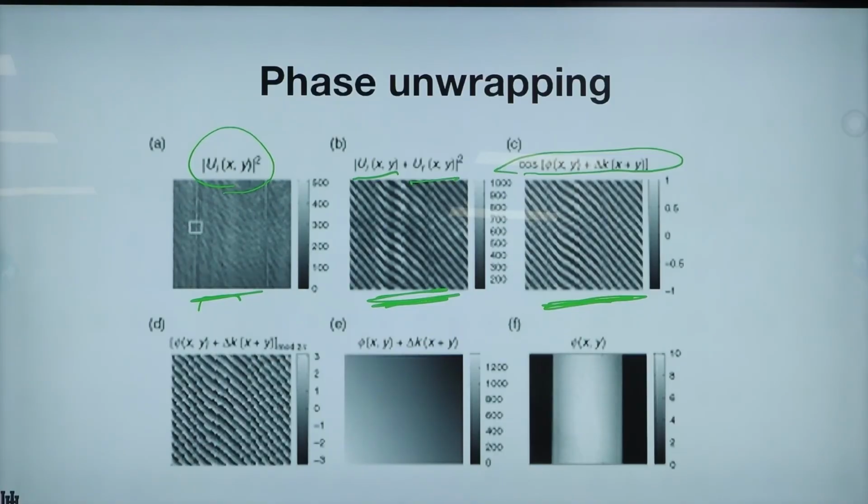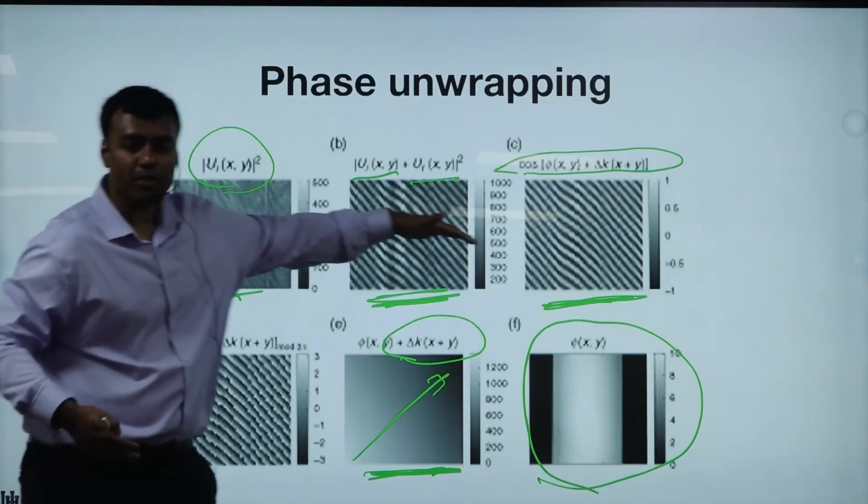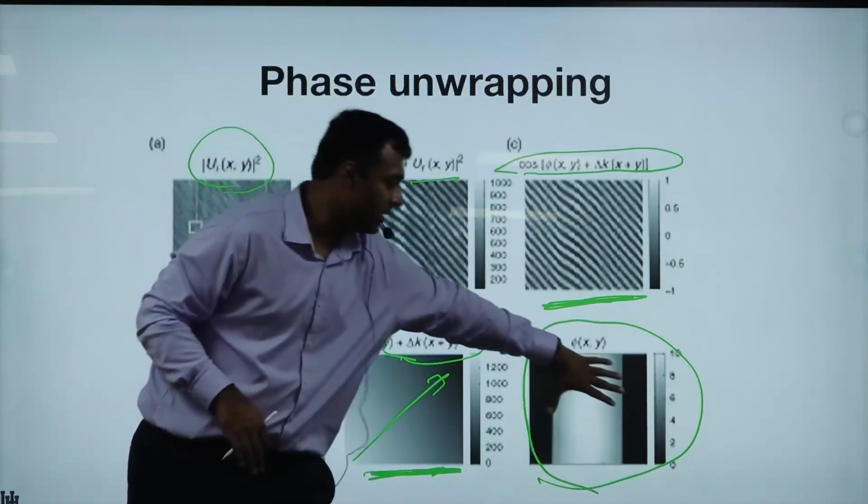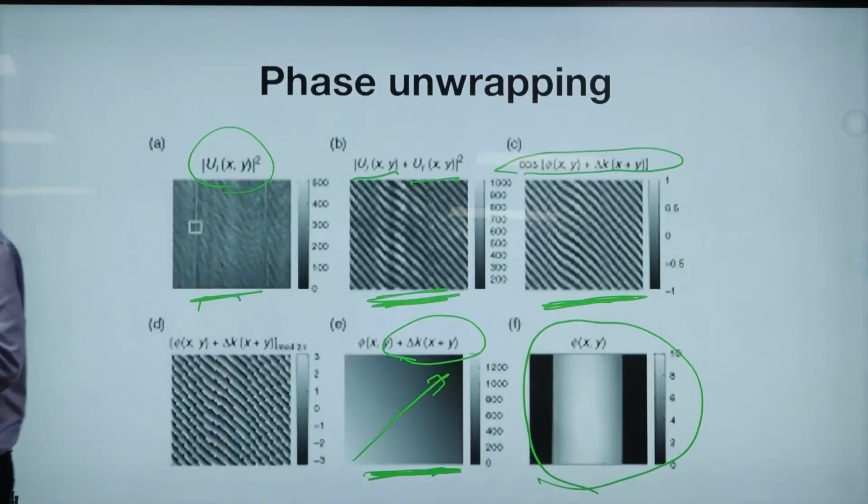Then if you actually do phase unwrapping, it looks something like this. And then you remove the angular component, because you came in at an angle, which creates this gradient. If you undo this, then after all this image processing and signal processing, you'll end up with the phase of the object, which has a certain shape and profile. So these are some of the important methods.